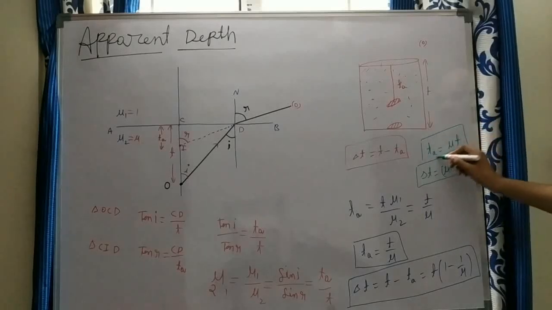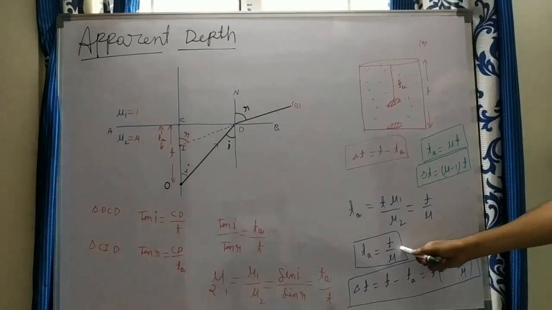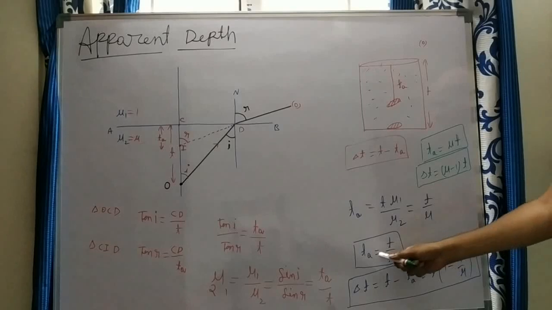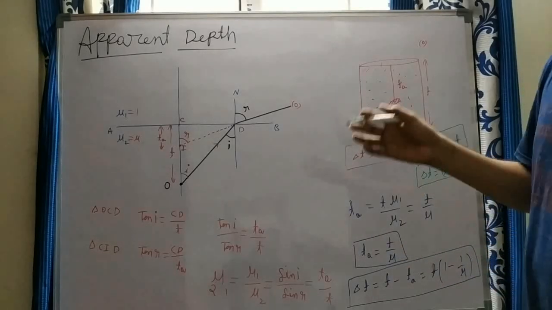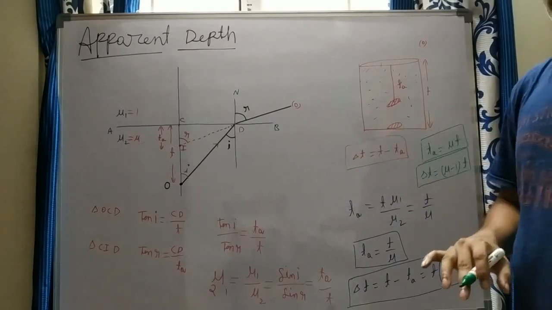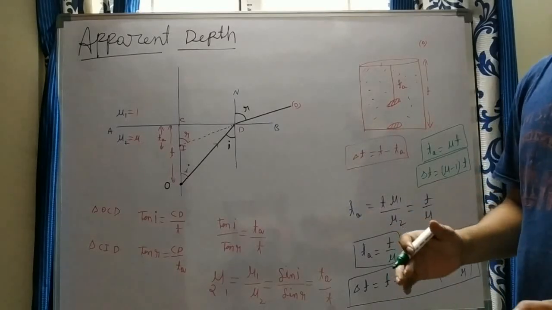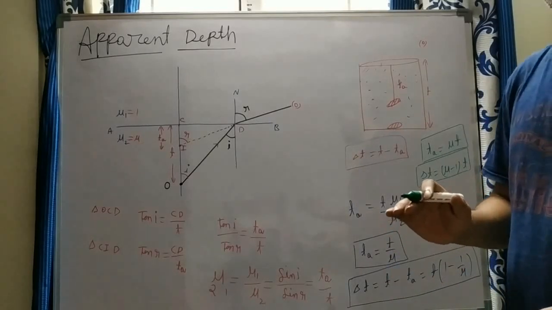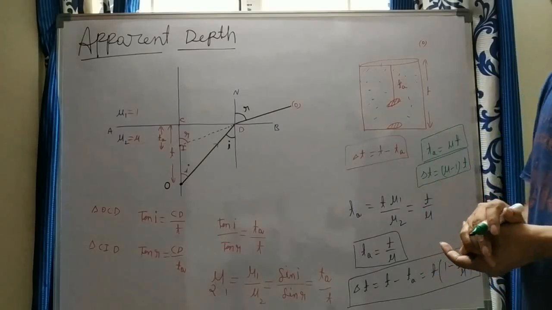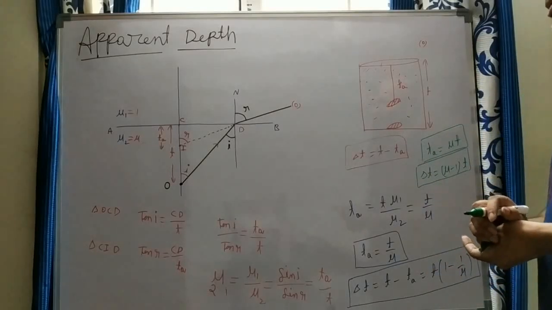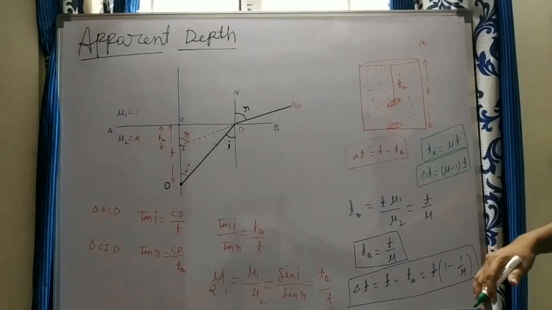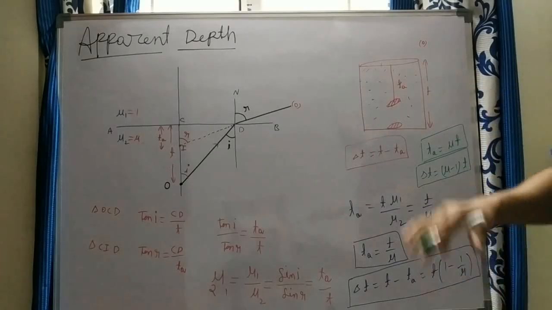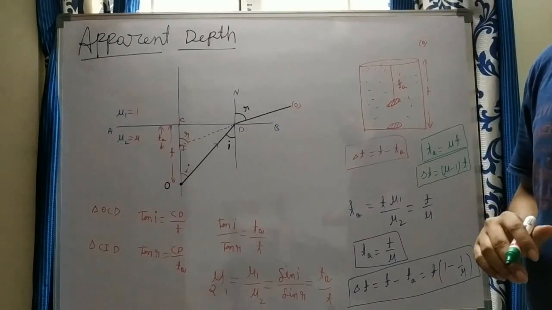From this you can conclude that the apparent depth is less than the actual depth if the observer is in the rarer medium and the object is in the denser medium. He feels that the distance of the object is less than the actual depth. Suppose the person is in the denser medium and the object is in the rarer medium, so a person inside the water starts observing outside objects.